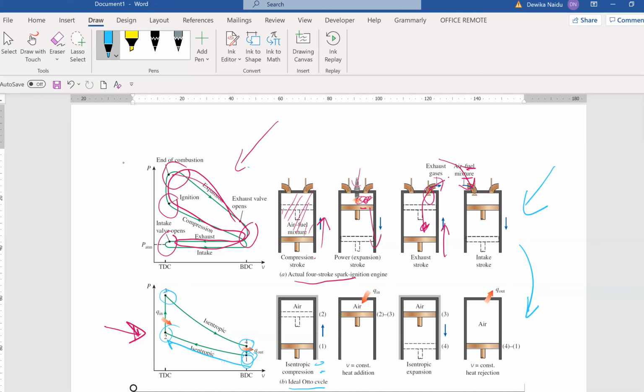Then remember what I told you about the Q, the heat coming in, as if it's coming from outside, but the scenario is actually happening within the piston. For an ideal case, we always say that it's coming from outside. So look at this, 2 to 3, it's heat addition.